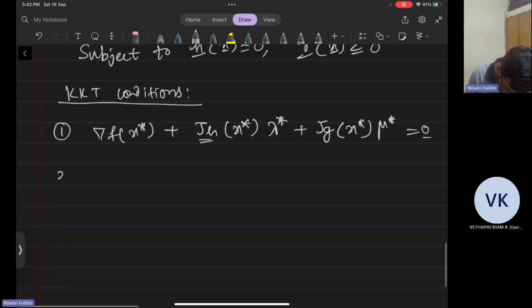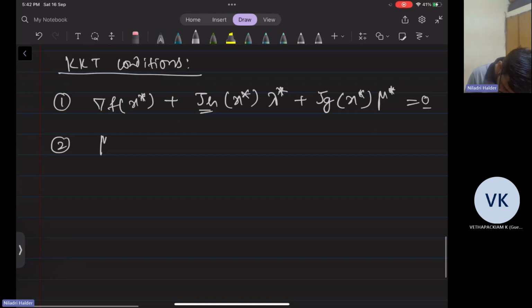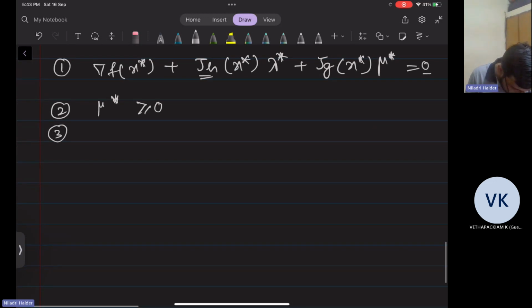Then second, mu star is greater than or equal to 0. Third, mu star transpose g of x star is equal to 0.